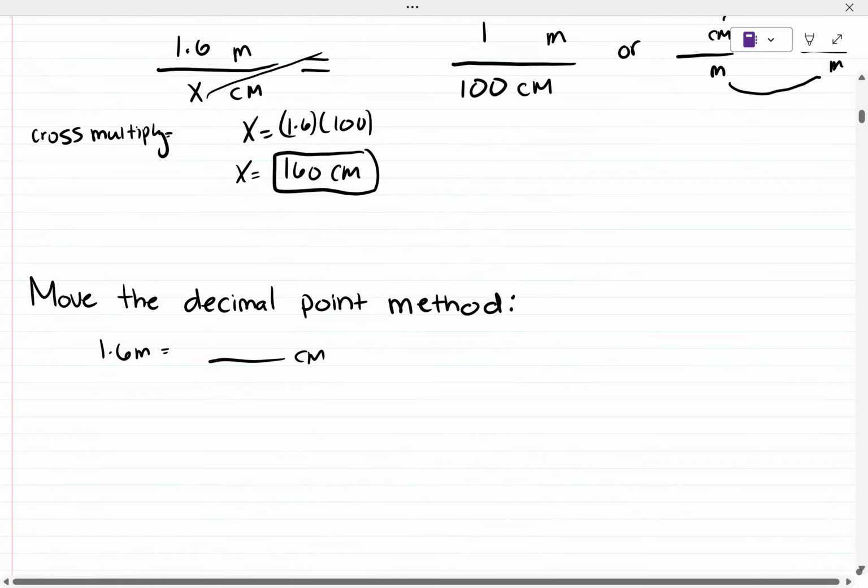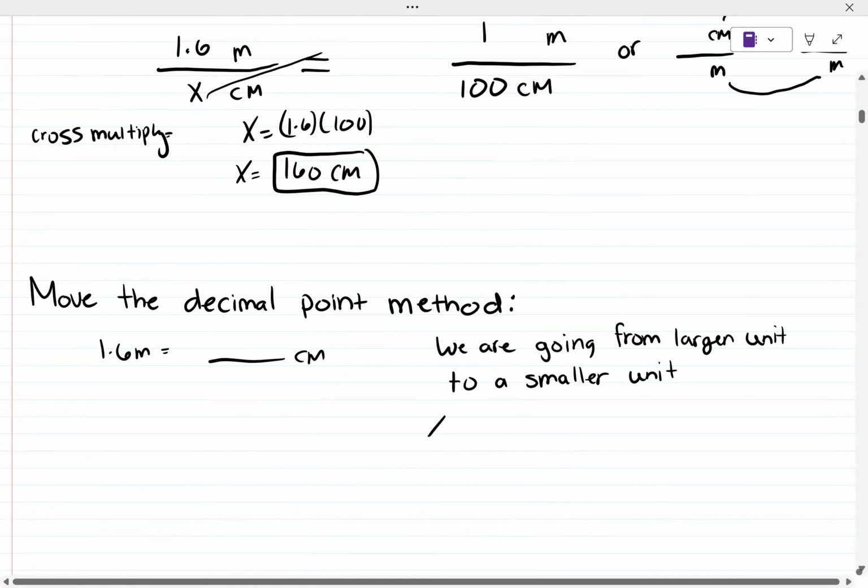So this is also important. If you're going from a larger to a smaller, you're going to move the decimal to the right. If you're going from a smaller to a larger, you're going to move it to the left.